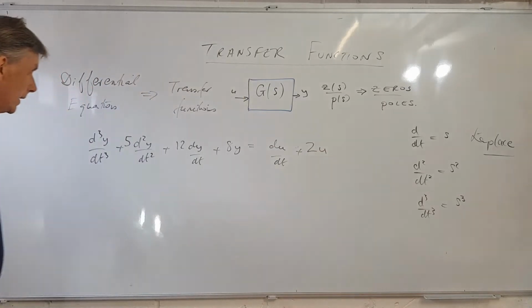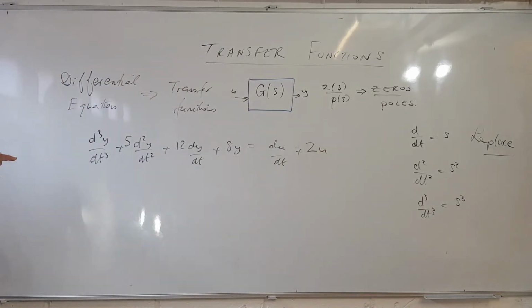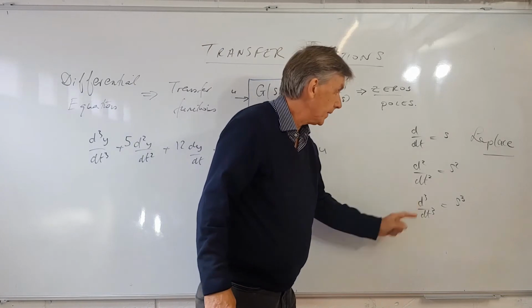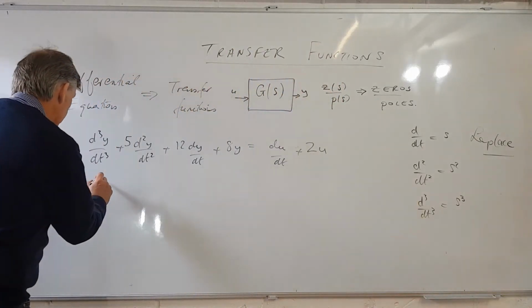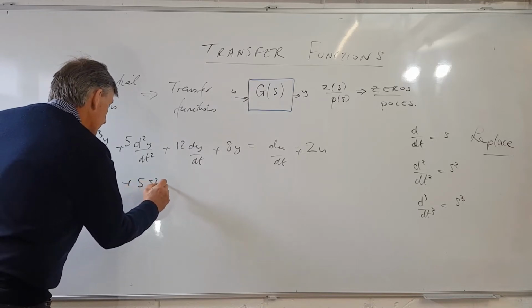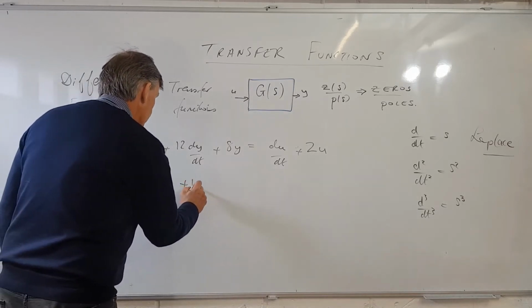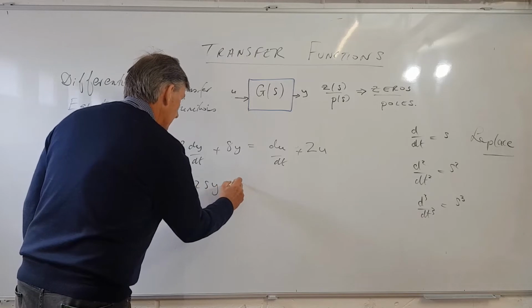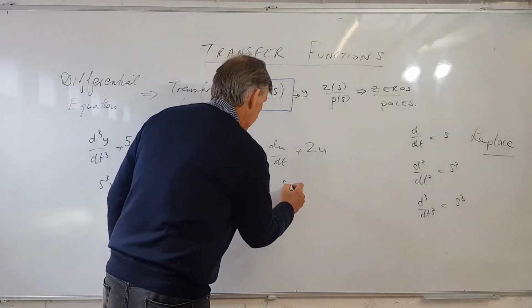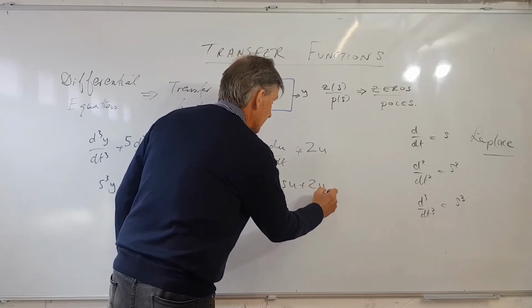This is slightly more complicated to understand. It's a third order differential equation because it's got a 3 in there. So we can replace d3 by dt cubed with s cubed. You can write this as s cubed times y plus 5s squared times y plus 12s times y plus 8y. And du by dt will be su plus 2u.